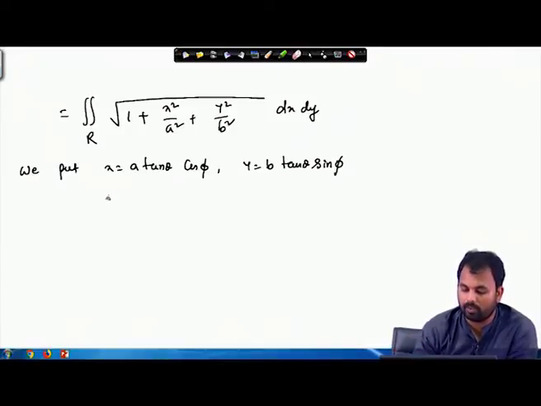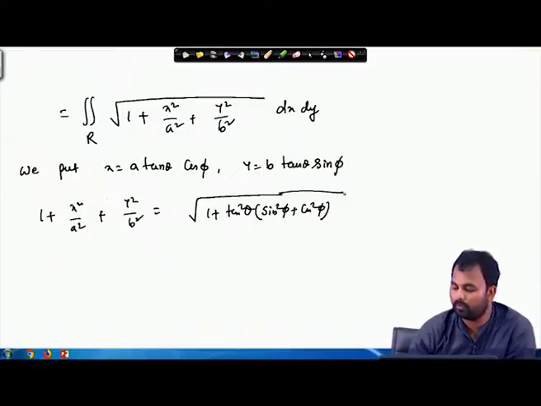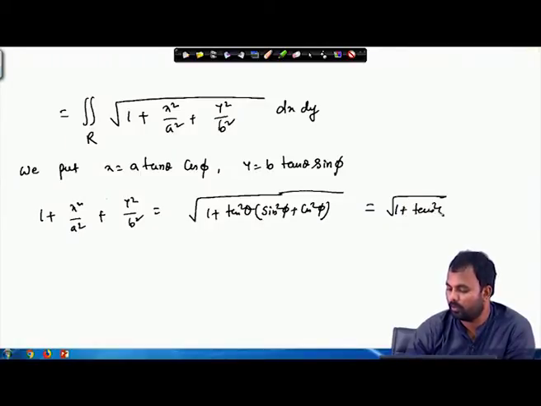Now we will see that 1 plus x square by a square plus y square by b square is equal to 1 plus tan square theta, since tan square theta will be common. We will have sin square phi plus cos square phi, and this will reduce to the square root of 1 plus tan square theta.